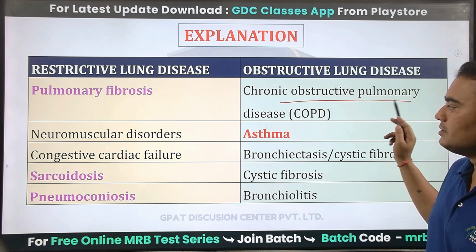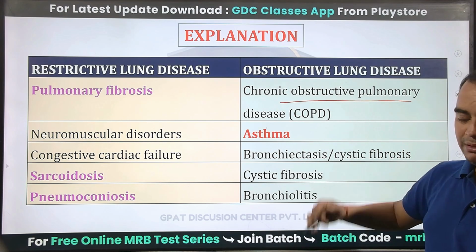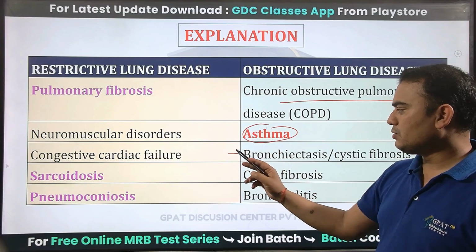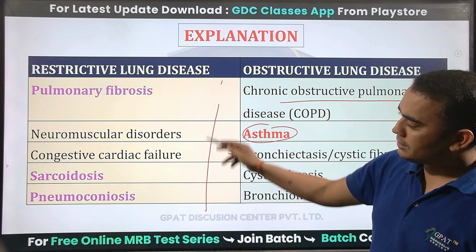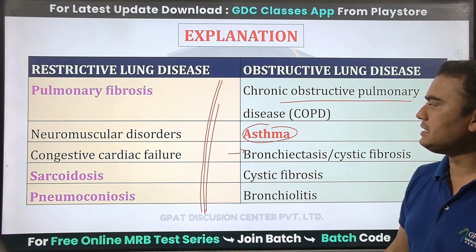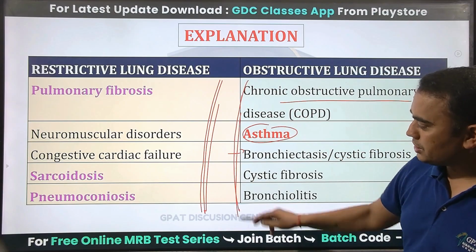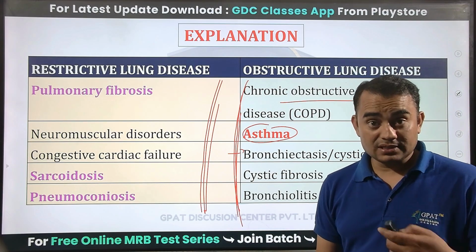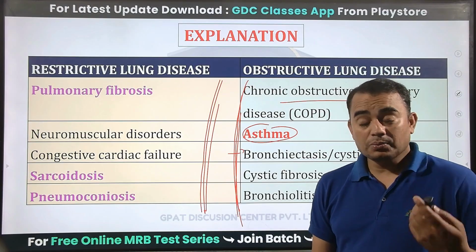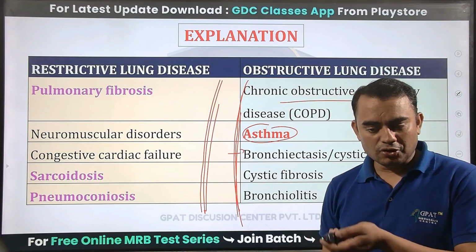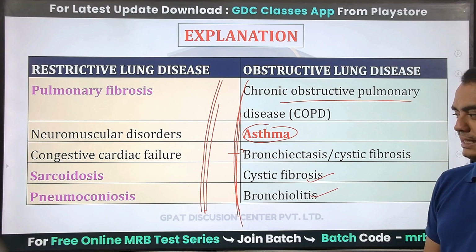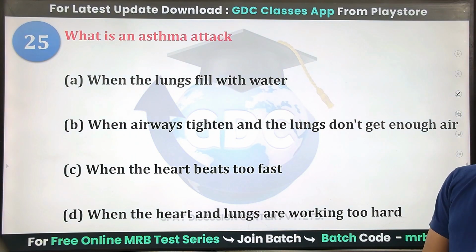Pulmonary fibrosis, neuromuscular disorder, and congestive cardiac failure are restrictive lung diseases. Obstruction in the bronchi, obstruction in the lungs, so COPD, asthma, cystic fibrosis, and bronchiolitis are obstructive.